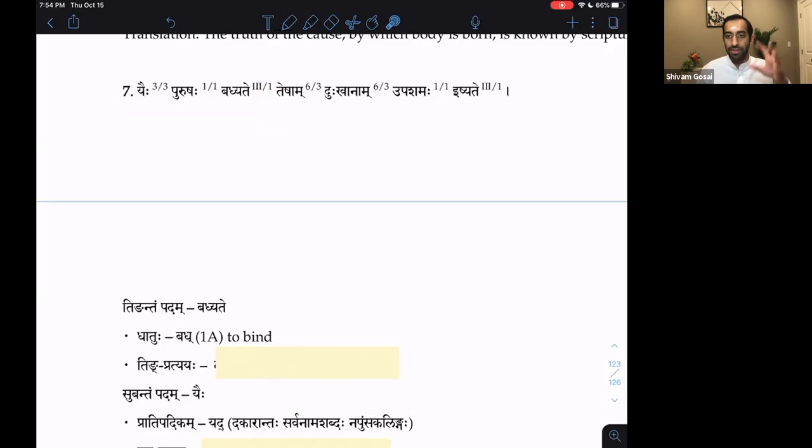Okay, so first we want to pick up the verb like everything else. And the verb here is badhyate. Bad dhatu, 1a, to bind. Notice how in English, the word bind seems to come from the same dhatu, bad. I like that. Now, is this lat lakara? What prayoga is it? Can you tell me in the chat which prayoga?